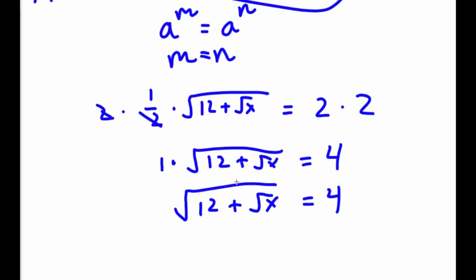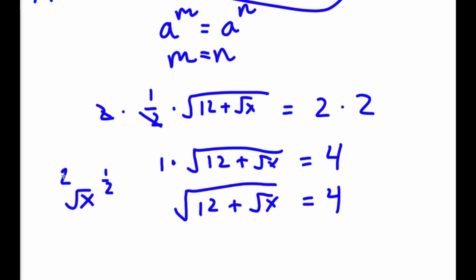Now, as you see, we have this square root here, and I want to get rid of it. And the only way to get rid of a square root is to simply square the square root, because a square cancels out with a square root. Because remember, a square root is simply that number to the power of 1/2.